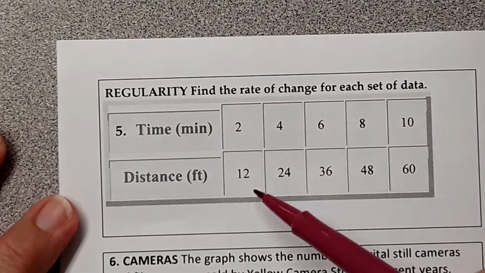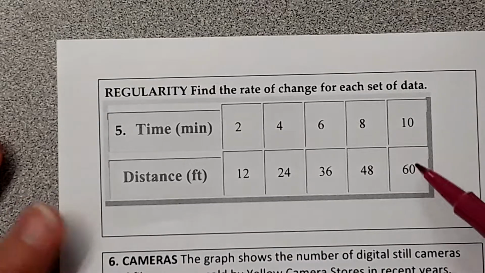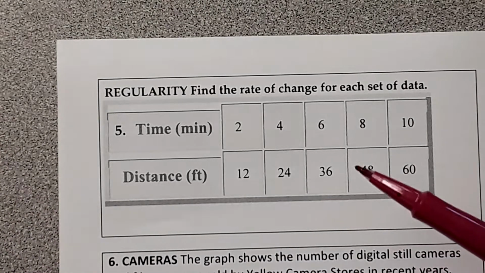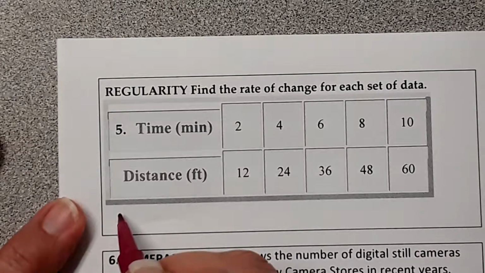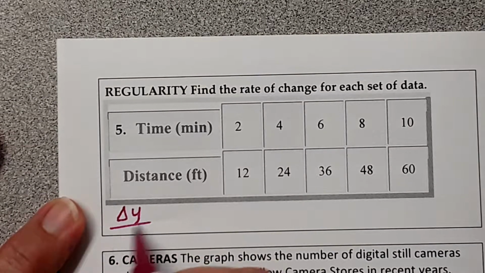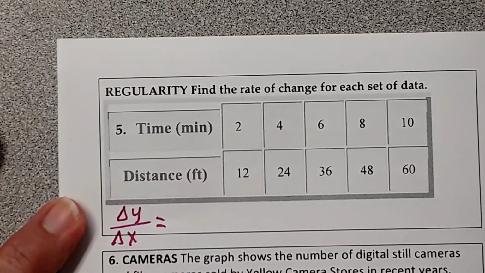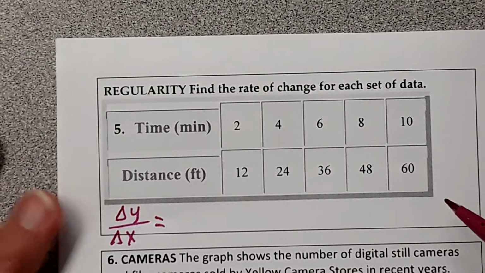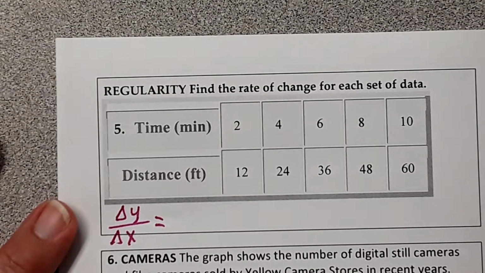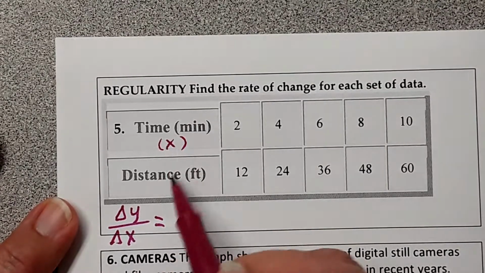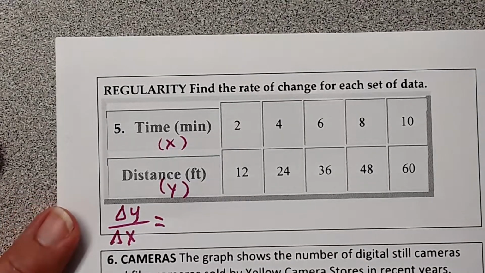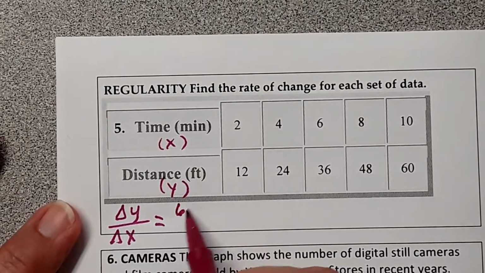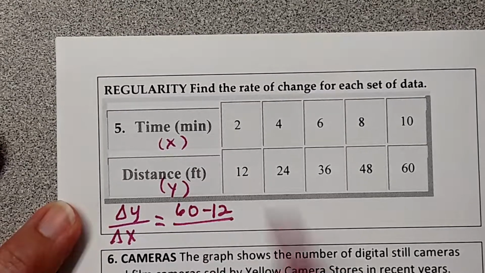So we have a 2 and a 12, and I always start with the largest one and the smallest one. So what would be in the top? 2. If this is your x and this is your y, what two numbers could you use? Yep, so I would do 60 minus 12, and then what would be on the bottom?